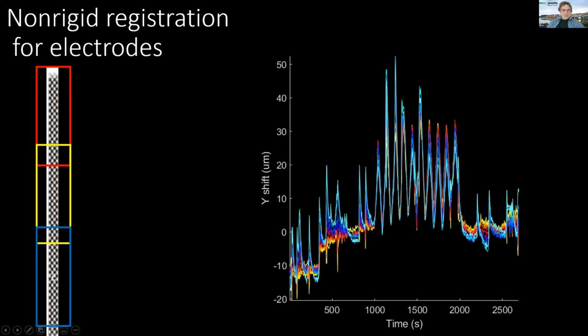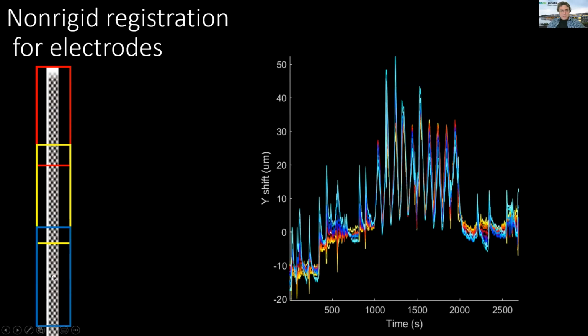For each one of these segments, we're going to do a rigid registration, well, just the detection part of detecting the movement. And then we're going to stitch it all back together to have a smoothly varying offset as a function of channel. In the plot here on the right, every color is a different group of channels, right? So every color here corresponds to a color here of a group of channels that we've estimated separately.